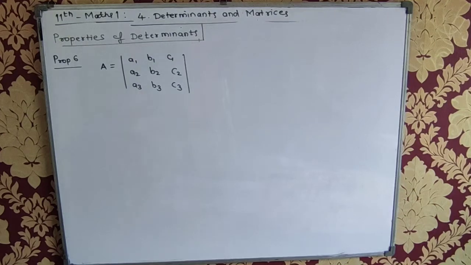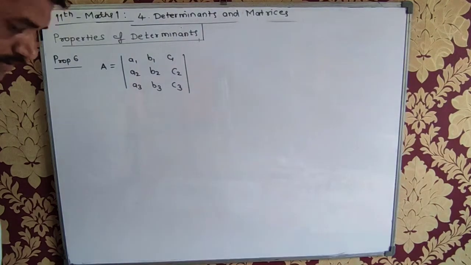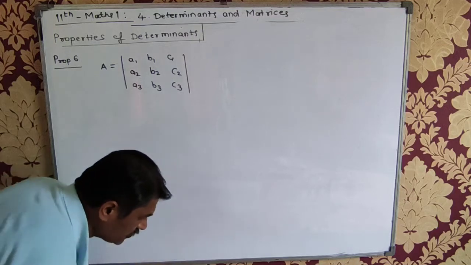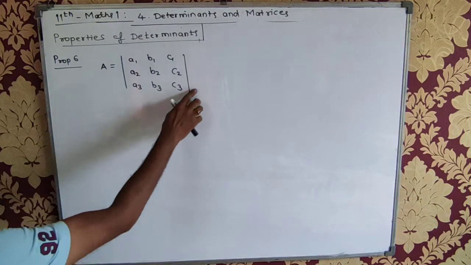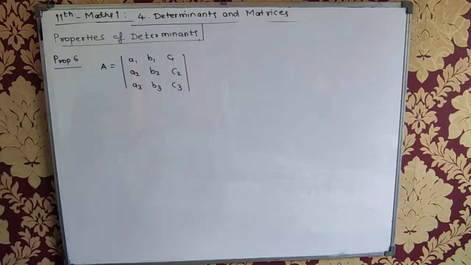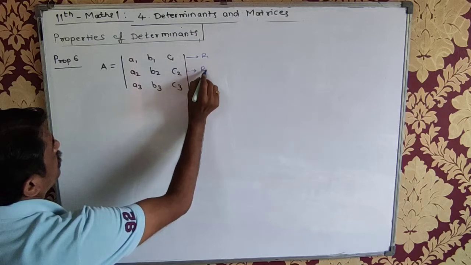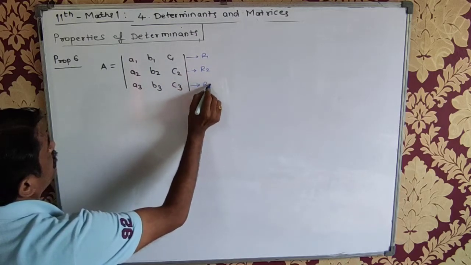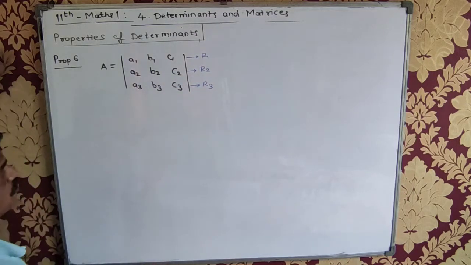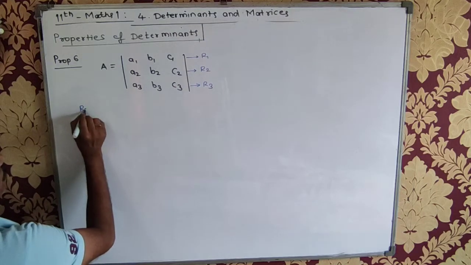Property number 6. Let me explain this property. Suppose this is the determinant and its value is equal to A. This is the first row, this is the second row, and this is the third. Suppose I carry out a row transformation.